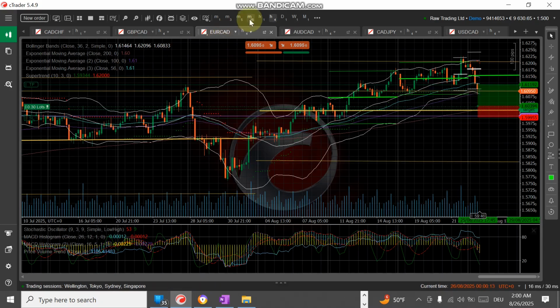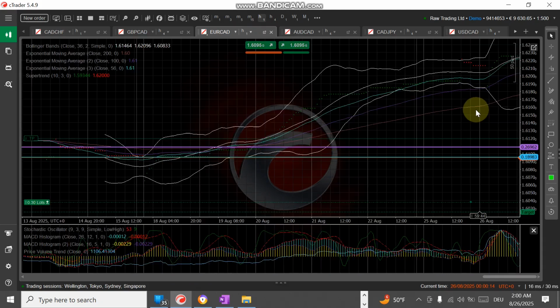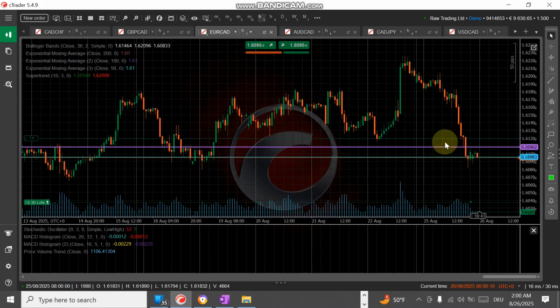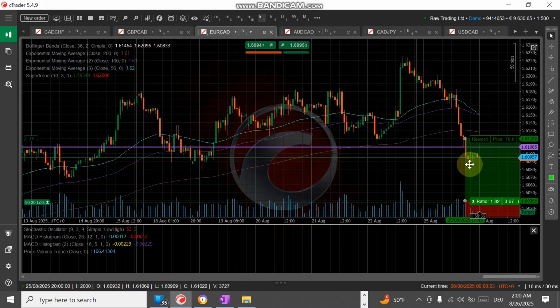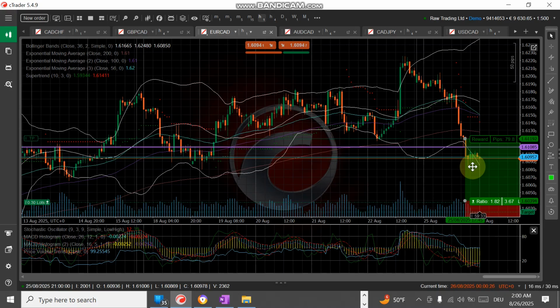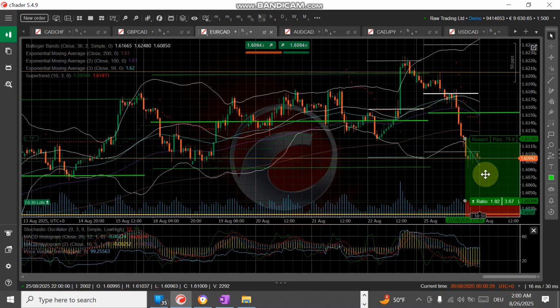I have to go down to the 1 hour to see the volume with this long leg, how the volume looks. It's pretty strong, even as the market is closing. It's right now Asian open, 2 a.m. here. The Asian session has just opened, and we'll see, because it's strong.